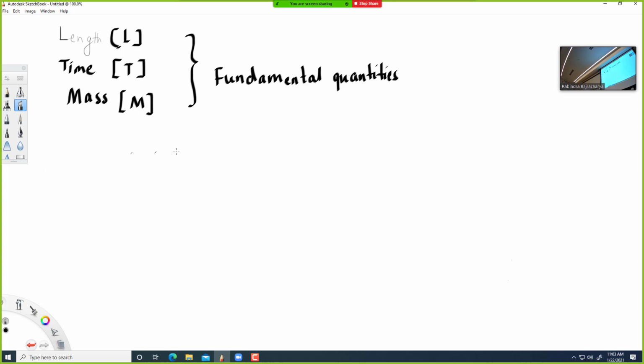For example, like last time we talked about area. Area is length times length, so it's length squared. So it's derived from length. Okay, so that's why it's a derived quantity. Likewise, speed.